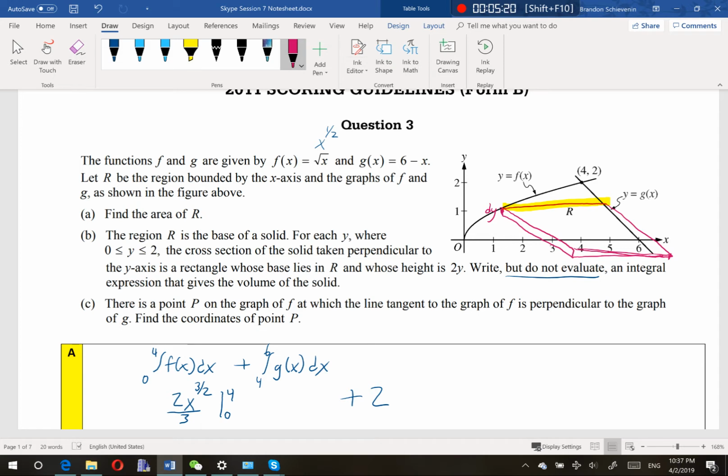So this is going to be my x value for g. I'm going to call that x2, minus my x value for f, which I'll call x1.